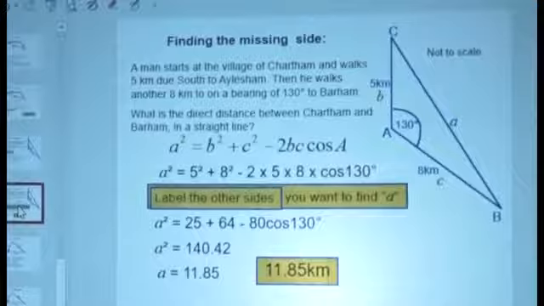If you look at that, this is a bearing, and this is where you will now have to display the skill of sine and cosine.